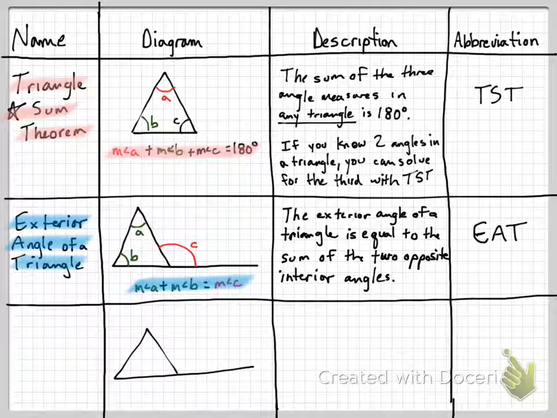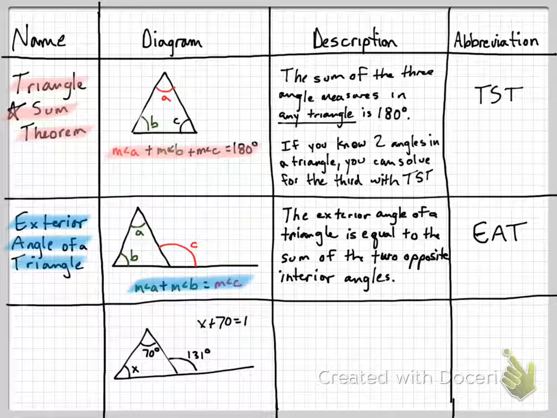So if I told you this was 131 degrees and this was 70 degrees, then you could solve for this angle, x, right here, with your exterior angles of a triangle rule. It'd be, well, x plus 70 are two opposite interior angles, will equal 131. Yeah, there you go. X would equal 61 in this case.